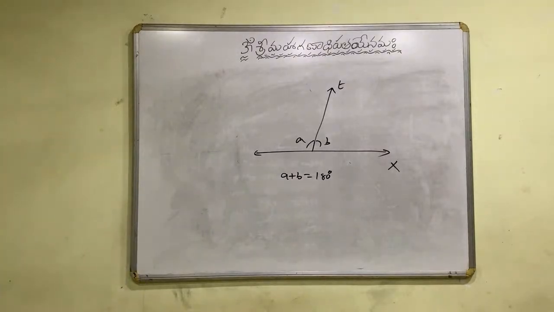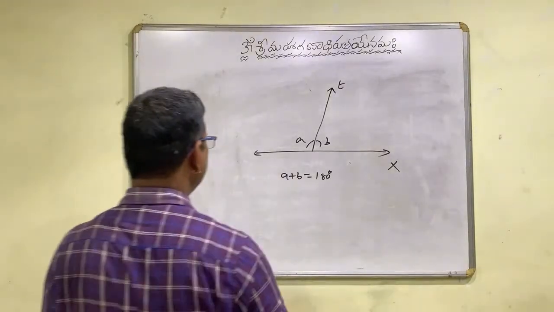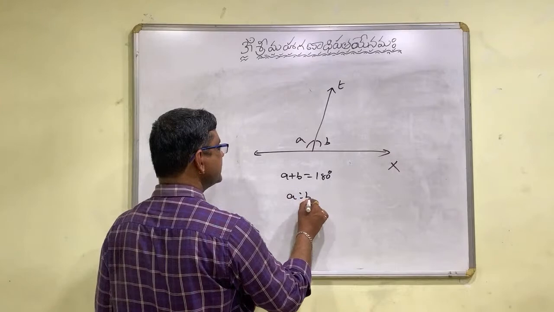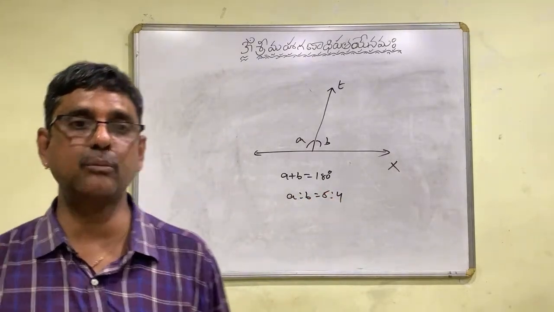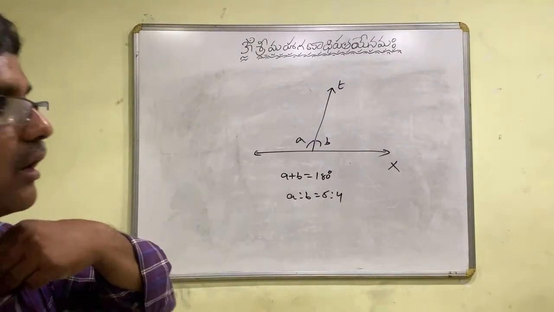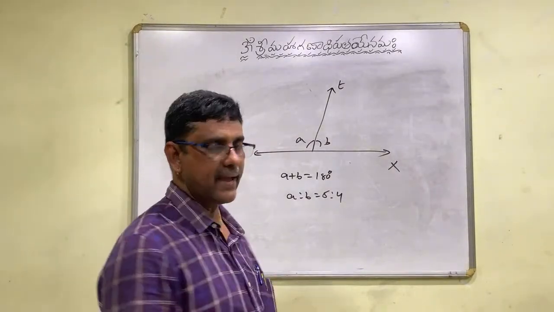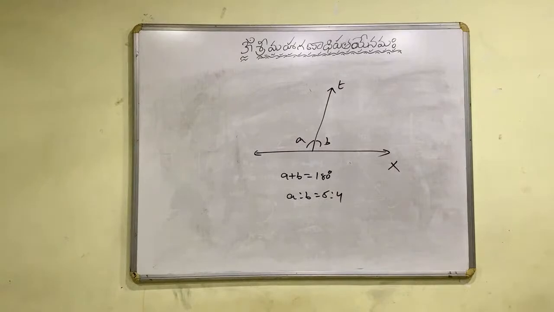Given that A is to B is 5 is to 4, can we find out A and B, children? What is A, what is B? So tell me what is A, what is B?